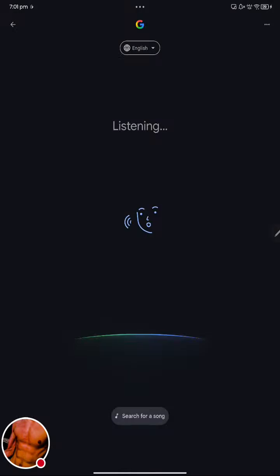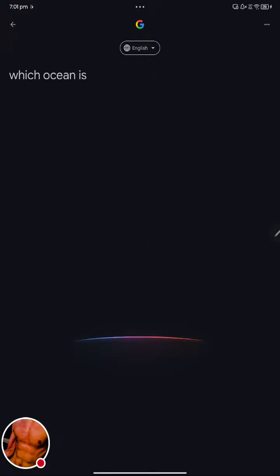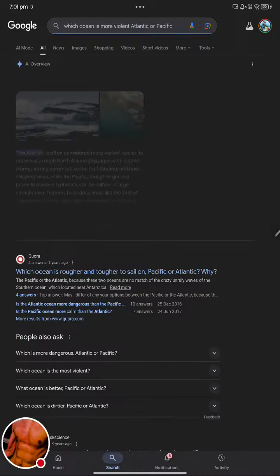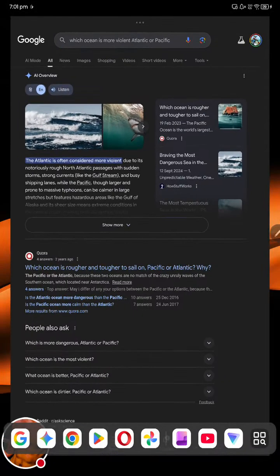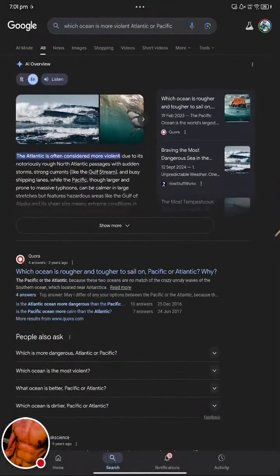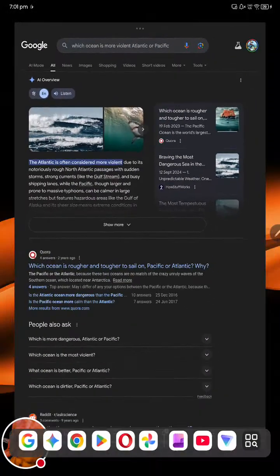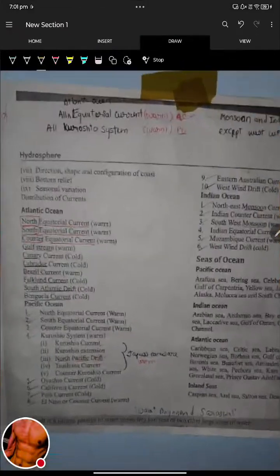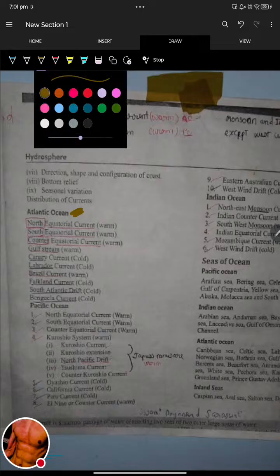Can't even hear me. Which ocean is more violent, Atlantic or Pacific? Atlantic. So yeah, the Atlantic is the more violent sea.